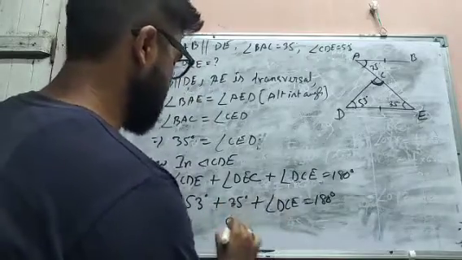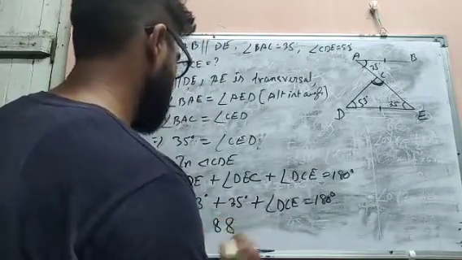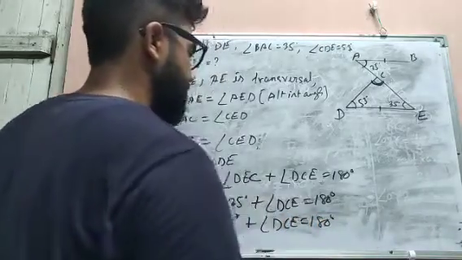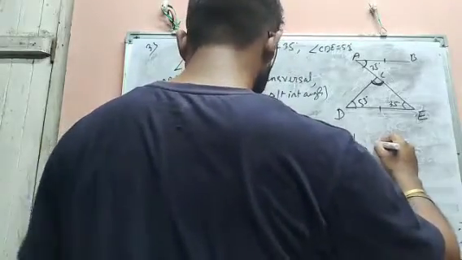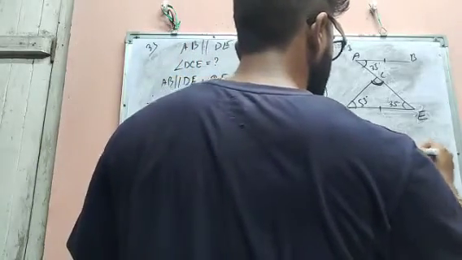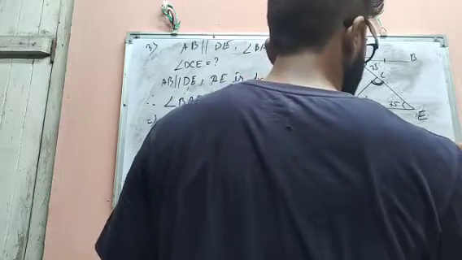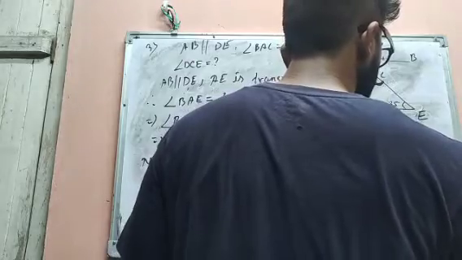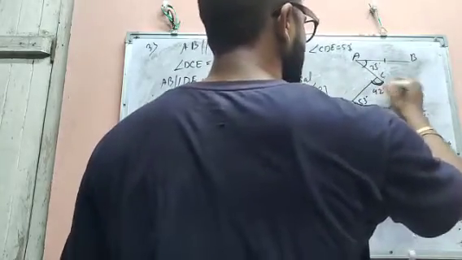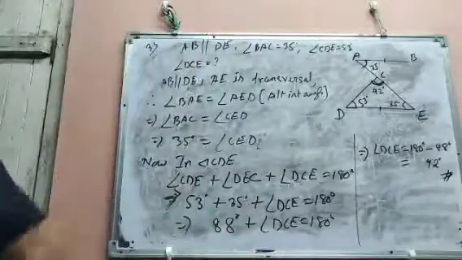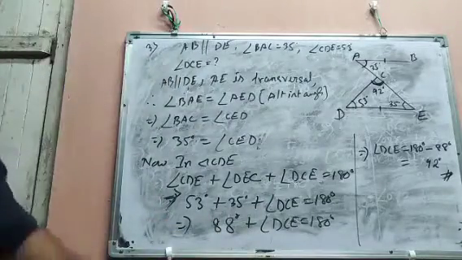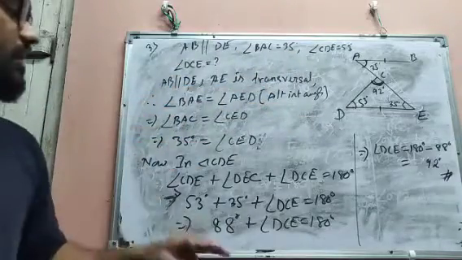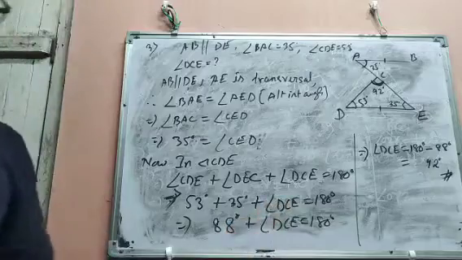So 5 plus 3 is 8, and this is 88 degrees plus DCE equal to 180 degrees, or angle DCE equal to 180 degrees minus 88 degrees, or you will get 92 degrees, which is our required answer. First we used the parallel lines theorem to prove the alternate angles are equal, then we used the angle sum property.